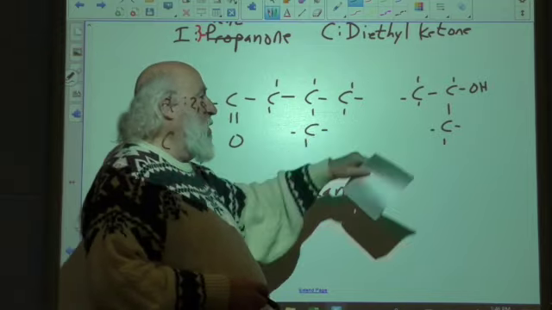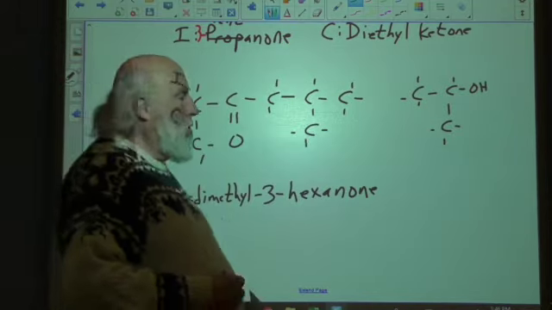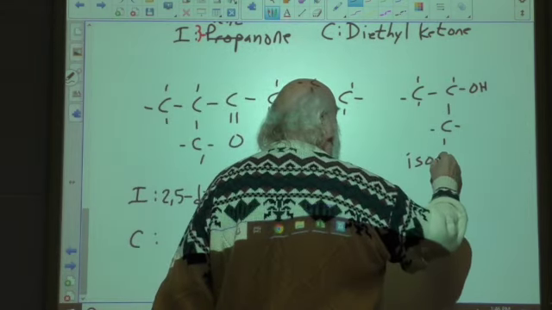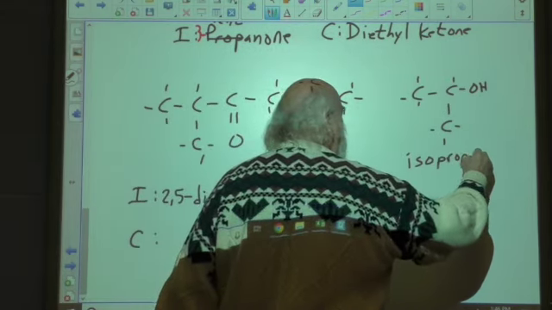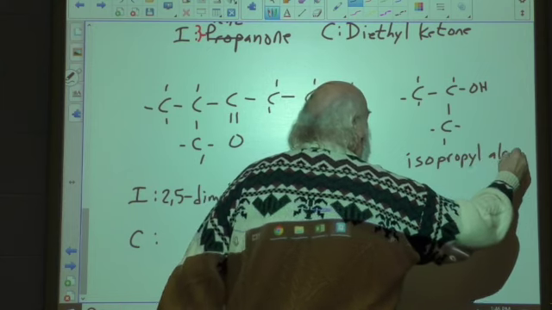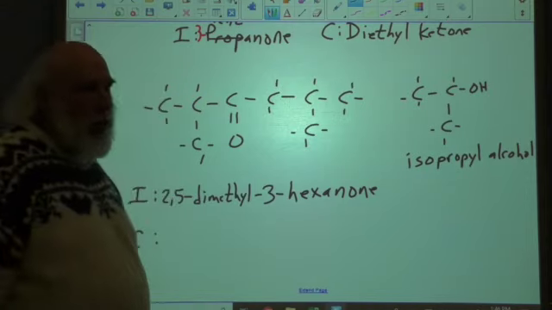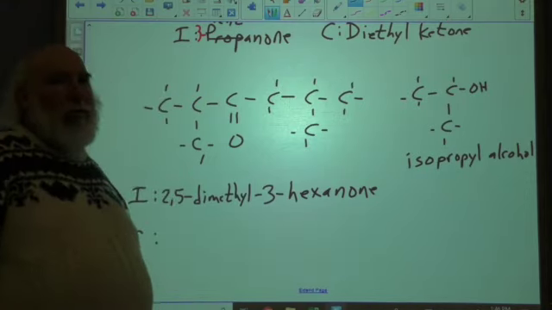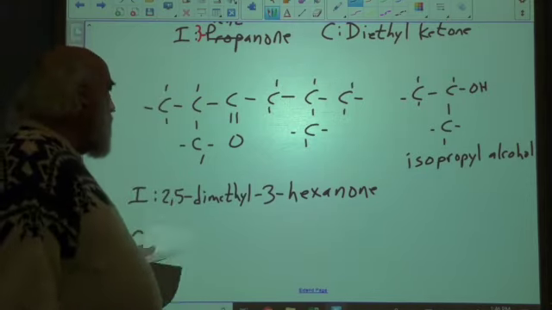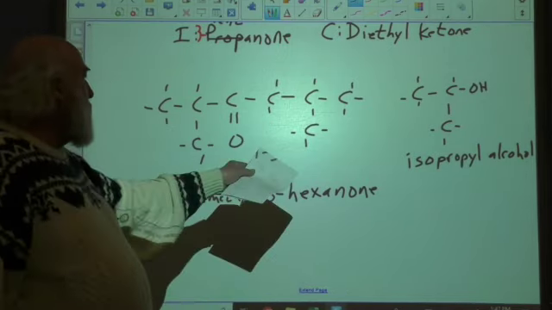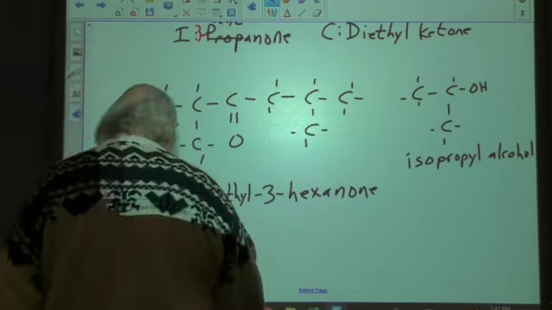A 3-carbon group with an OH on the first carbon. Well, if you remember, this was isopropyl alcohol. And ethers and ketones both use those common names for their common names. So that is called an isopropyl.